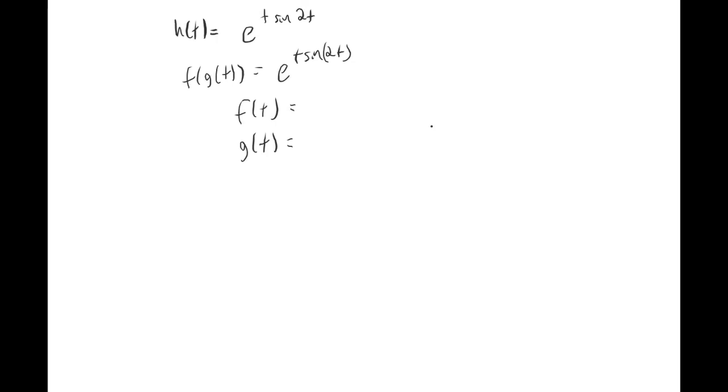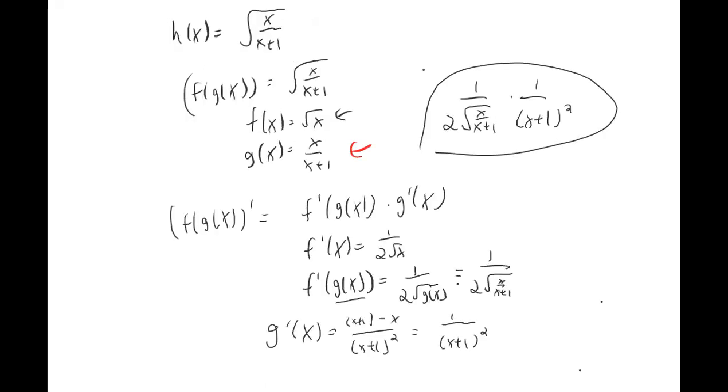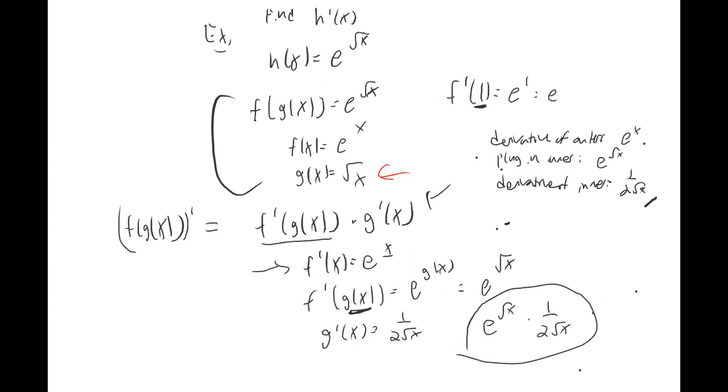Here, what two functions do I compose to get that top function? Think of the outer function as the main thing this function looks like. If you go back, the f here, the main thing was your square rooting, so f was square root of x. Here, the main thing was exponential, so the outer function was your exponential.